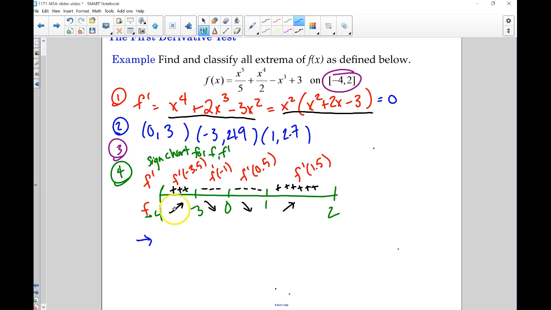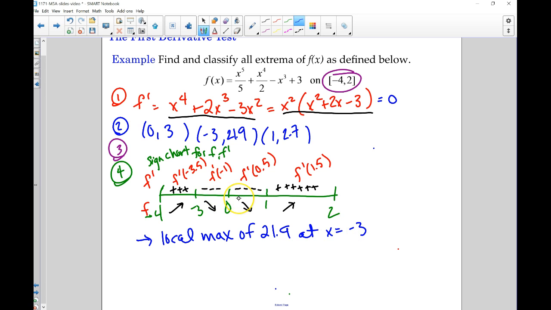So from positive to negative, by the first derivative test, I have a local max of 21.9 at x equals -3.